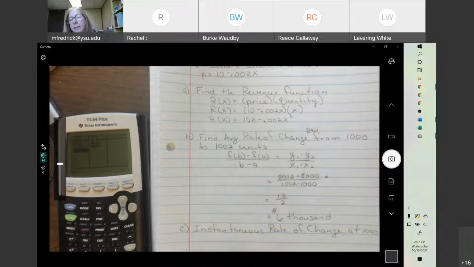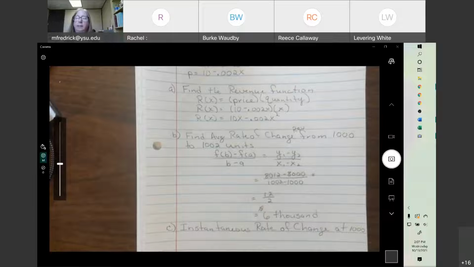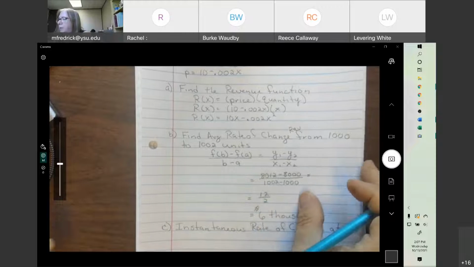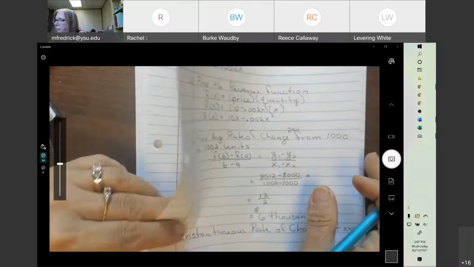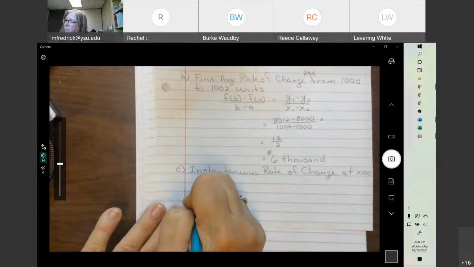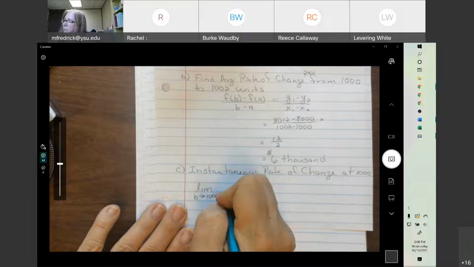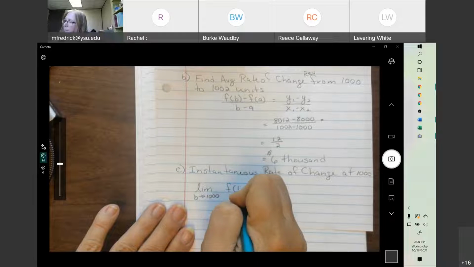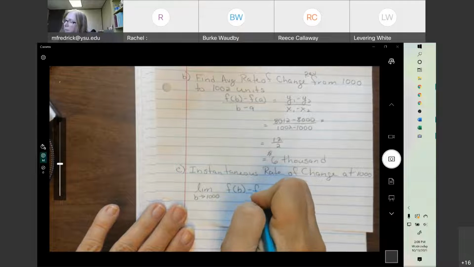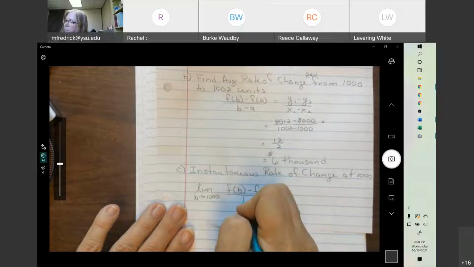Let's find the instantaneous rate of change at 1,000. So remember, when it's instantaneous, that's when you take the limit as b approaches your value, which is 1,000, f of b minus f of 1,000 over b minus 1,000.